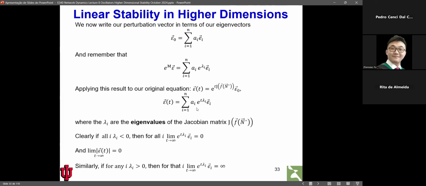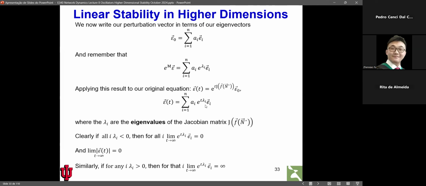Now look at here. Suppose you have all the values of these lambda, our eigenvalues here. You know what they are, right?